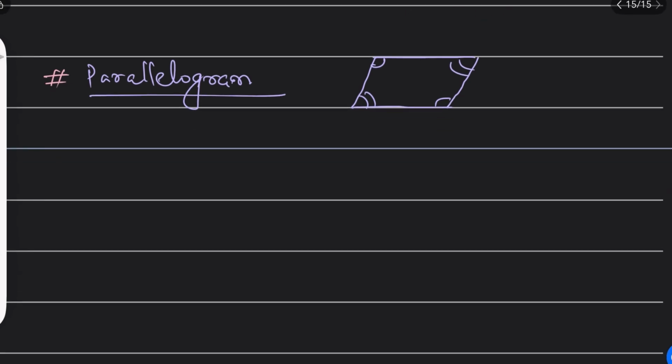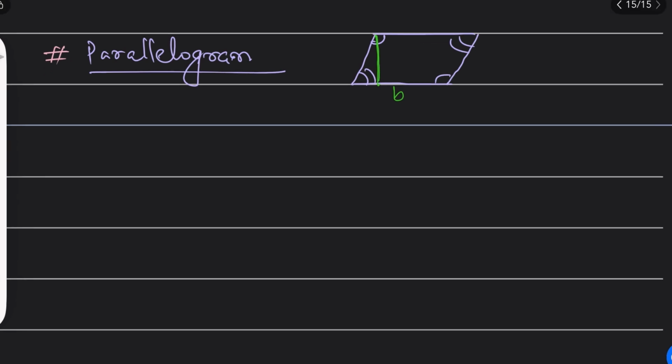Now understand what is the perimeter. What I am trying to make you understand is, sir, if h is the height and b is the base of this parallelogram, then you can calculate its area. Obviously if you know length and breadth, the perimeter is twice of length plus breadth, but my intention is to calculate the area first. Area of parallelogram.